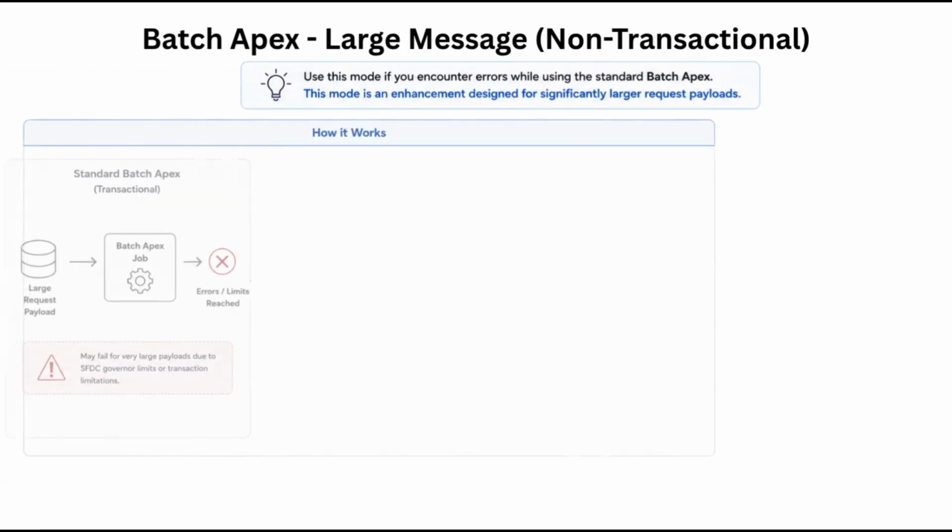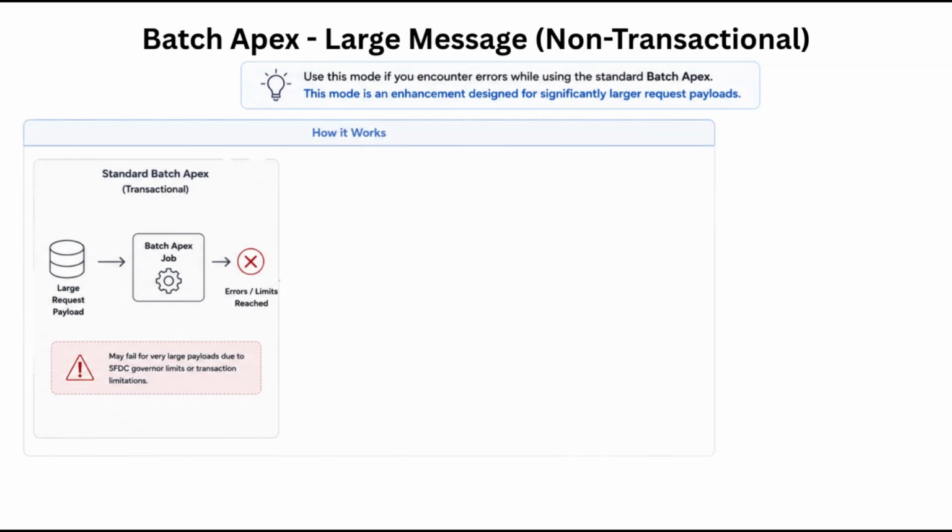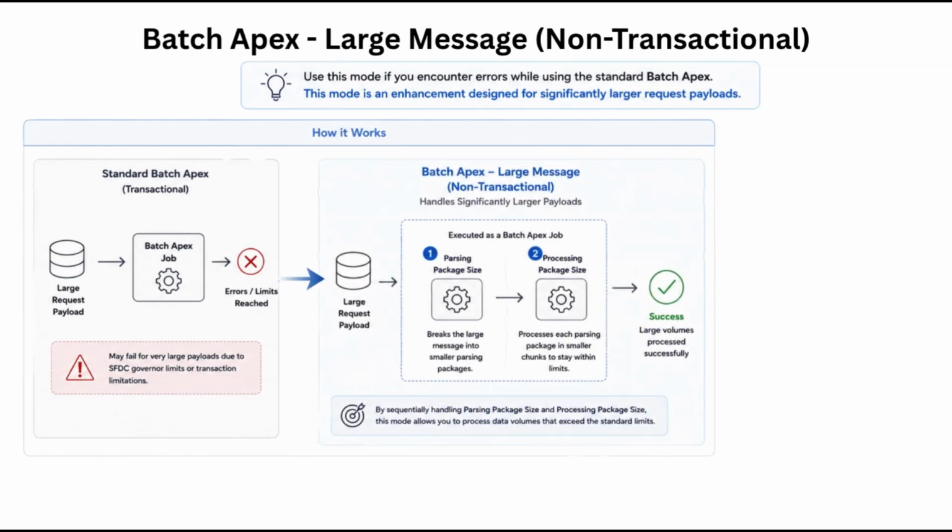When processing large data volumes, standard Batch Apex may encounter Salesforce governor limits or transaction constraints. To address this, SKYVVA provides Batch Apex, large message, non-transactional, an enhanced processing mode designed for significantly larger payloads. Instead of processing everything in a single transaction, the system splits the workload into two stages.